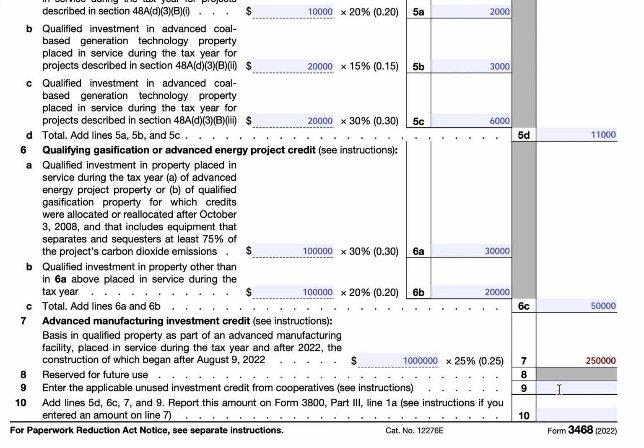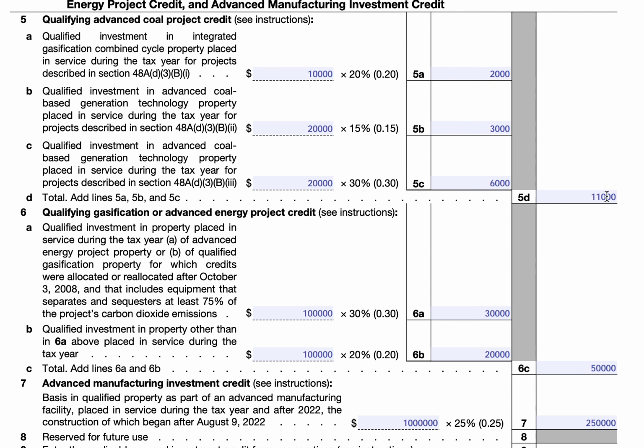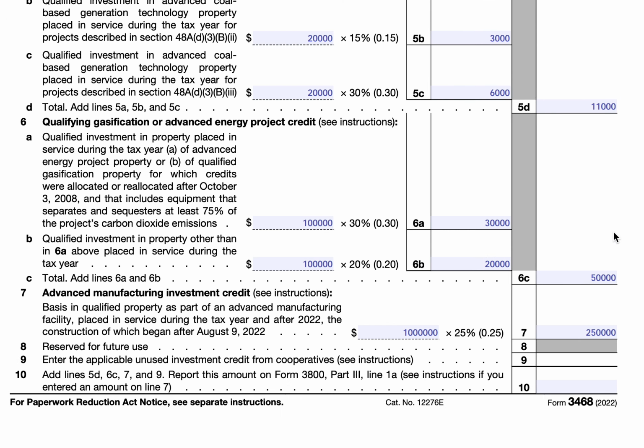But if you are a patron of a co-op and you've received any unused investment credits, you would enter them in line 9. And then you'll total the amounts from 5D, 6C, line 7, and line 9.